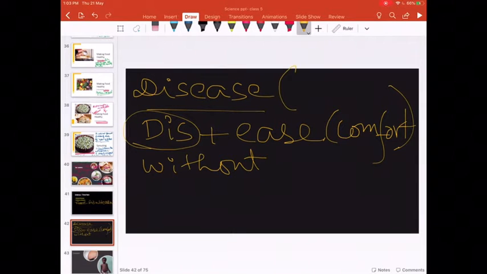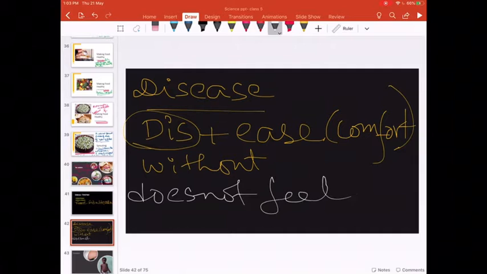Now, when our body comes to a position where we do not feel comfortable, then we say we are suffering from disease.